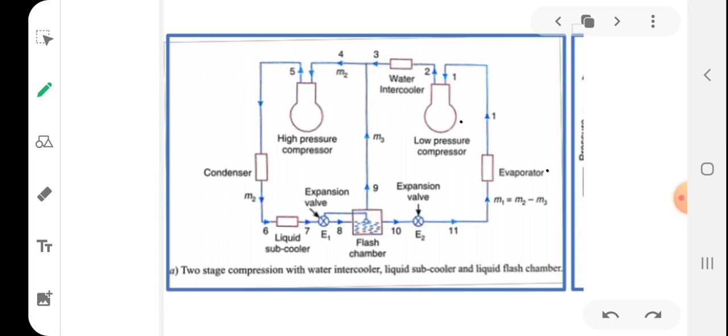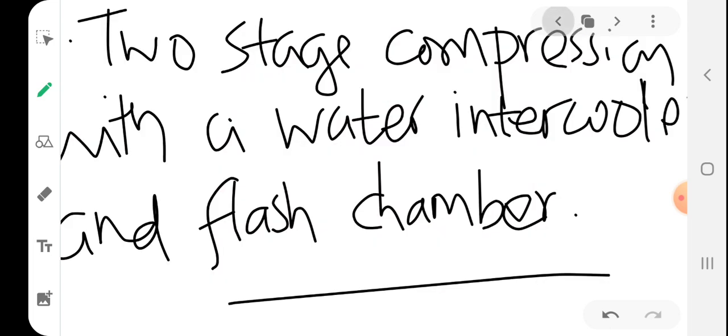You can see here a water intercooler, a liquid subcooler, and an extra flash chamber. We have already learned a system with water intercooler and subcooler.